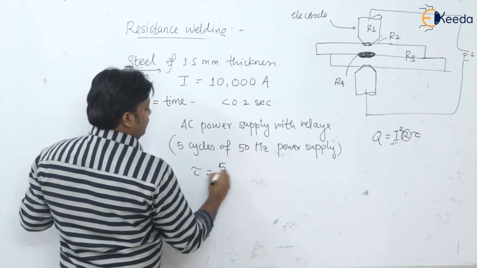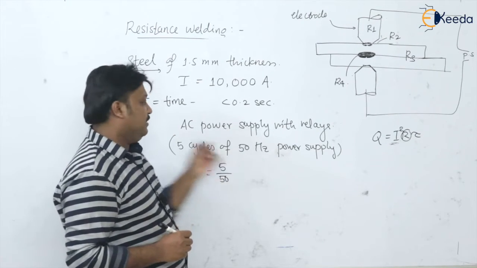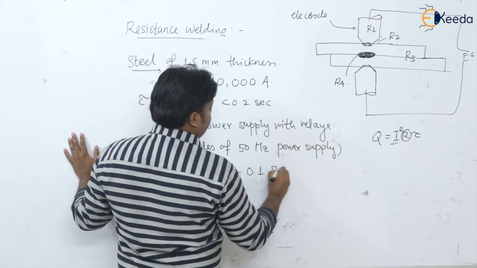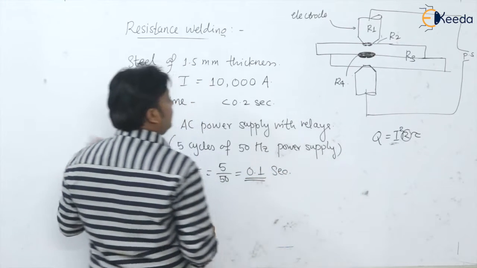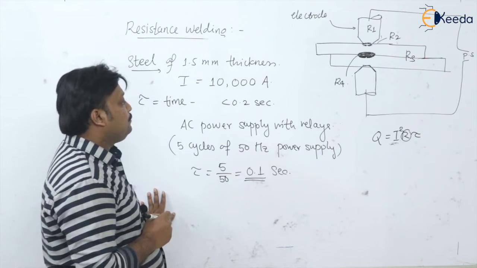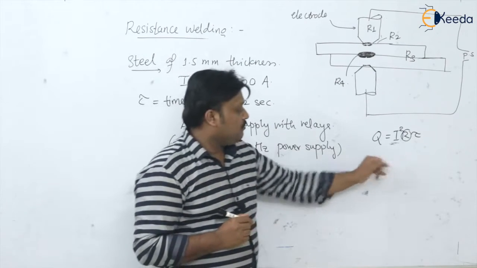These 5 cycles divided by the given power supply frequency, so it is generally 0.1 second. So for 0.1 second the current is going to flow through the circuit. Okay, so these are the 3 things we have discussed now.